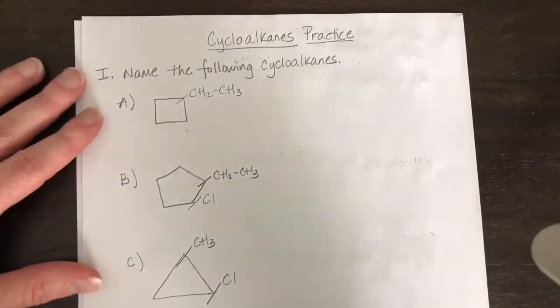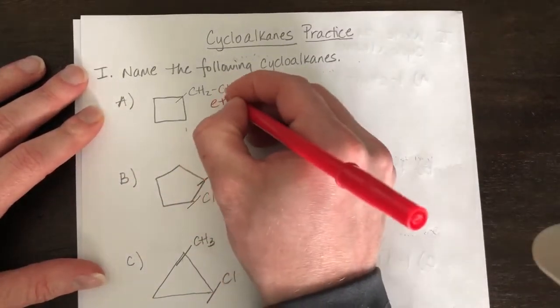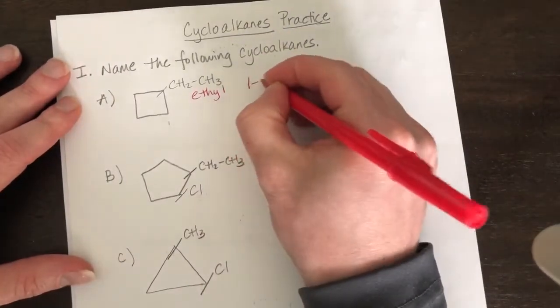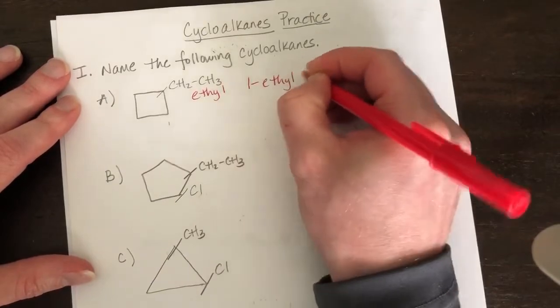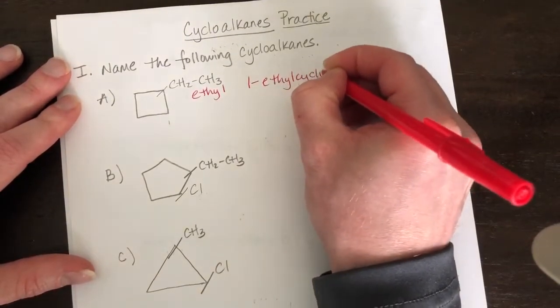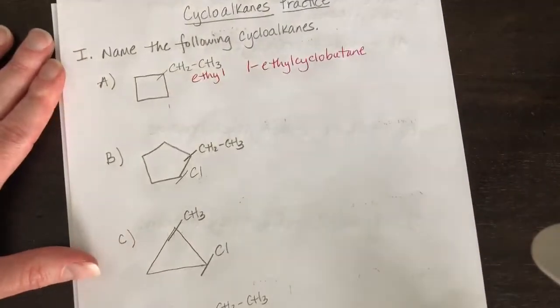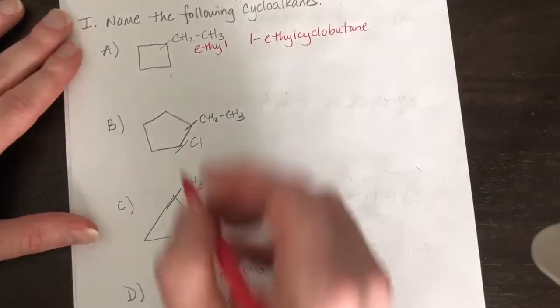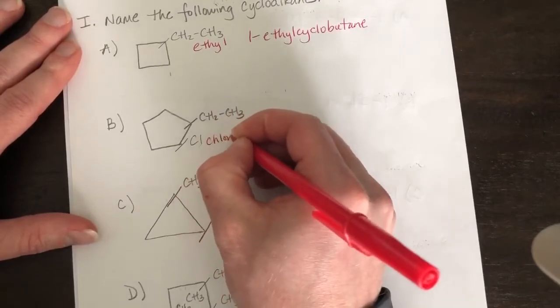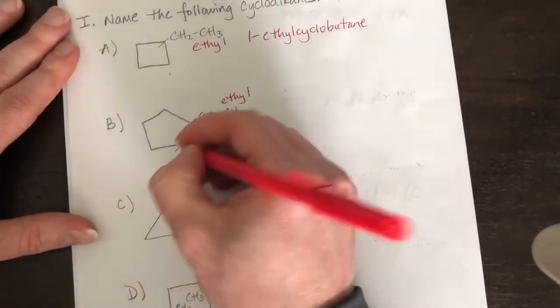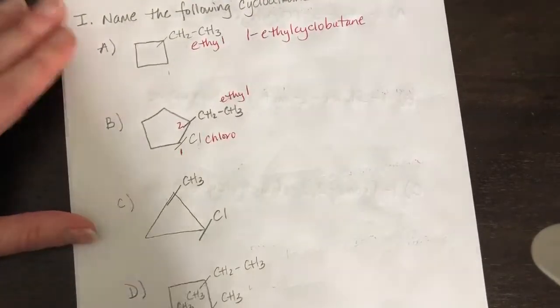Okay, so name the following. This is an ethyl group coming off of the 1 carbon. So this is going to be 1 ethyl cyclobutane. If we're going alphabetical order, this is a chloro. This is an ethyl. So this is going to be the 1, and that's going to be the 2 carbon.